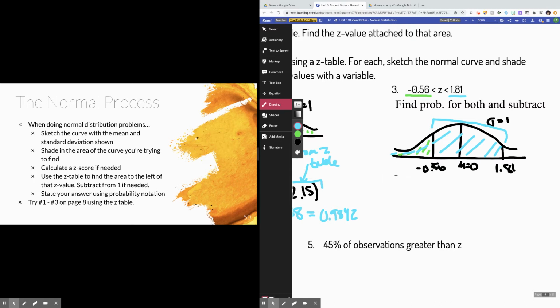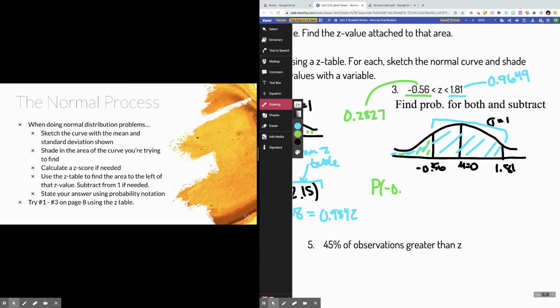So if you look at the z table, the probability associated with this z value, 1.81, is 0.9649. And then the probability associated with the left value, negative 0.56, is 0.2827. So I need to subtract those values to figure out my final answer.